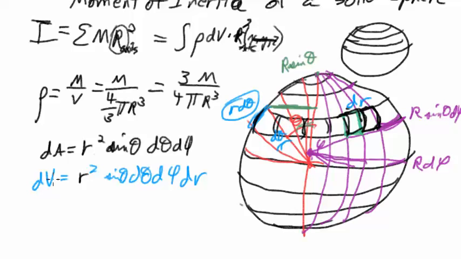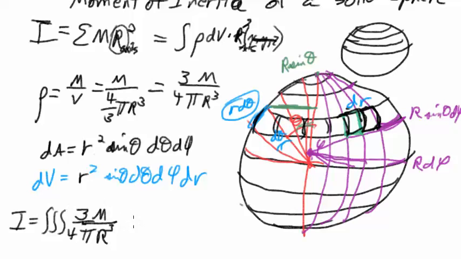And so the final product we're going to have, I, is a triple integral. I'm going to plug in our density first, 3m over 4 pi, and this is going to be a constant here, capital R cubed. That's a constant, because that's related to the constant density.